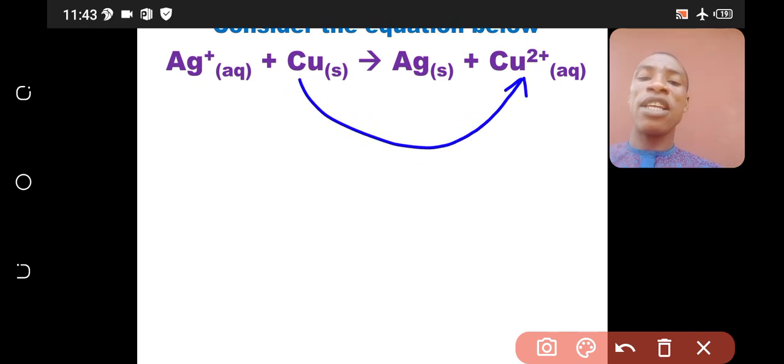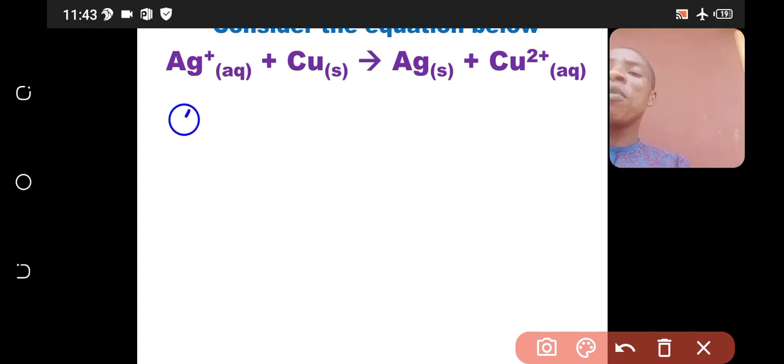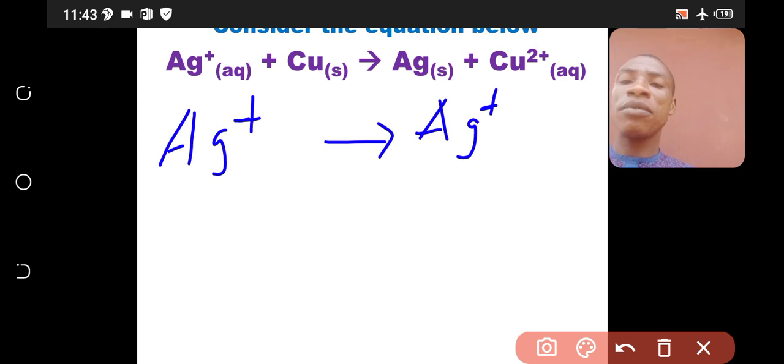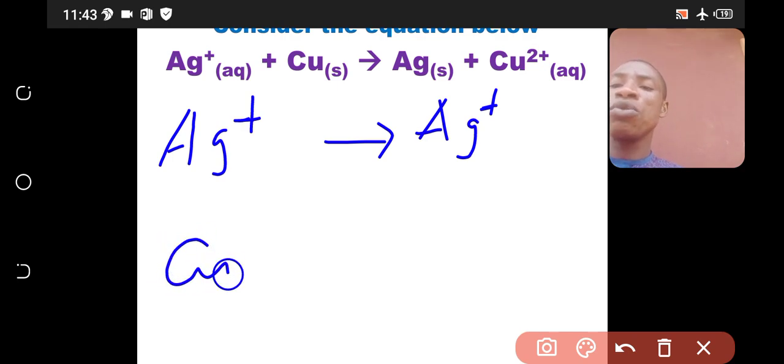This is another equation. So I'm going to have Ag+ going to Ag. That's the first equation. I call it equation 1 if you like, but it's not compulsory. Then you have Cu.